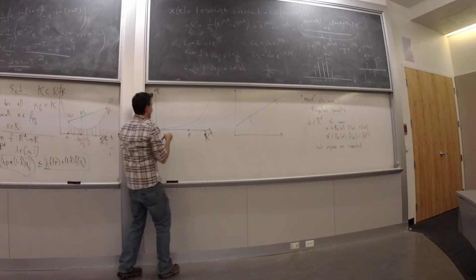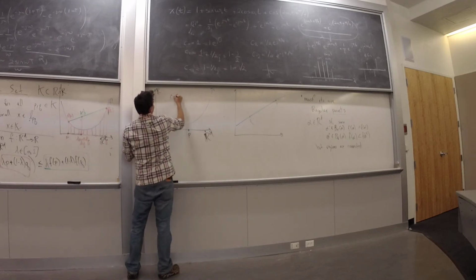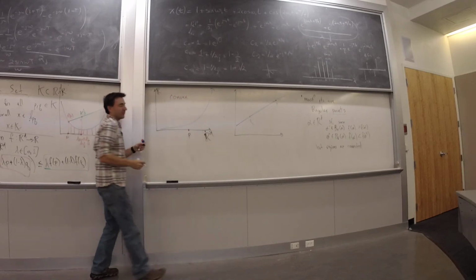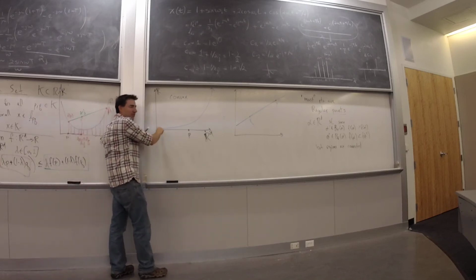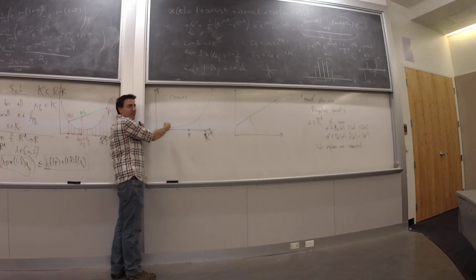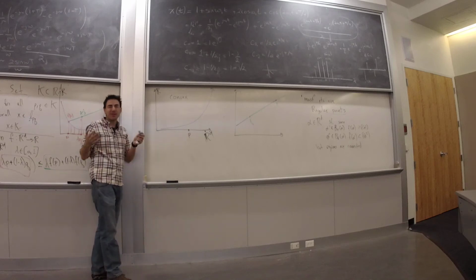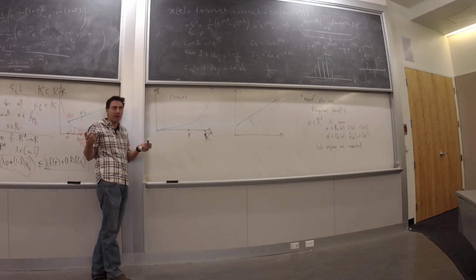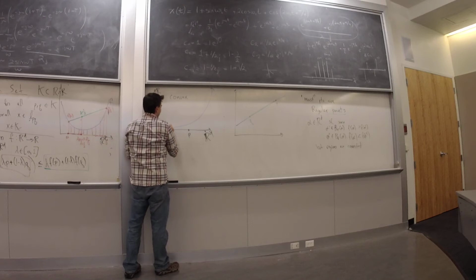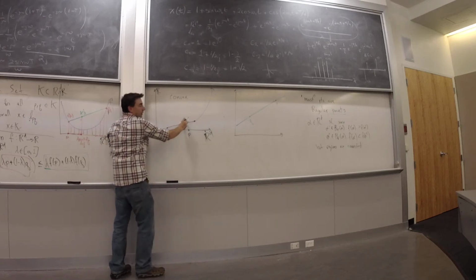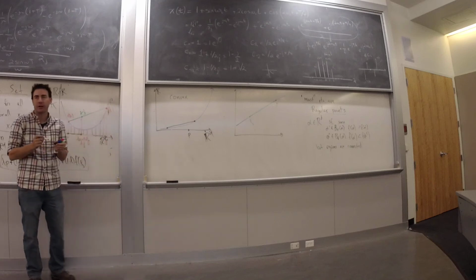This one is convex, okay? Even though you can go off this way, maybe plateau, it doesn't need to have a well-defined global minimum, just like this one didn't. But for any 2 points, no matter where I pick them, the line segment stays above the function.